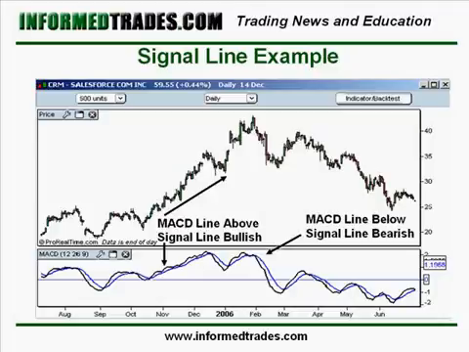You can see here it crossing below, and it actually crosses below at the top peak of the market there, and that was a bearish sign, and that was a very good signal that this particular indicator caught on the bearish side, because the market did sell off after that.